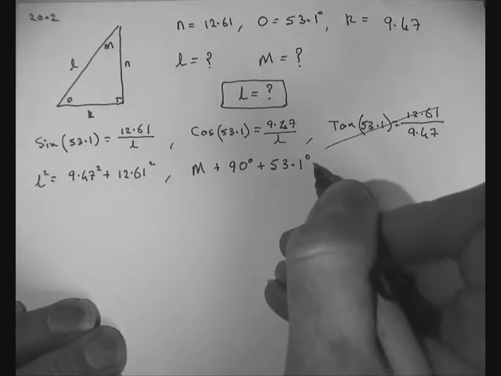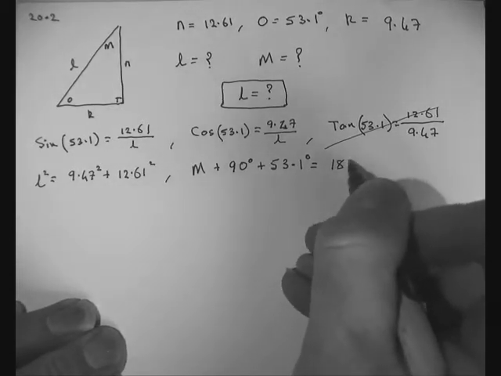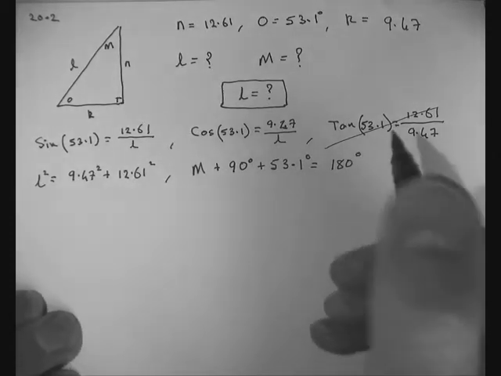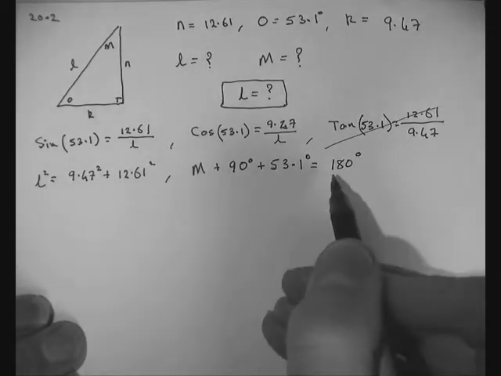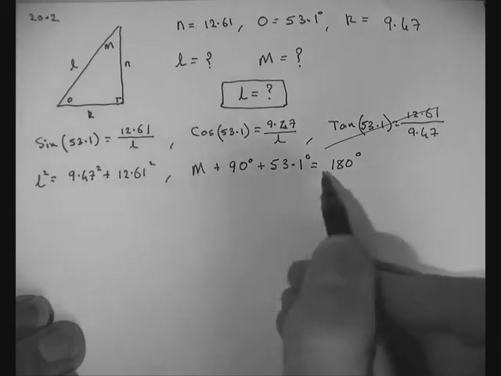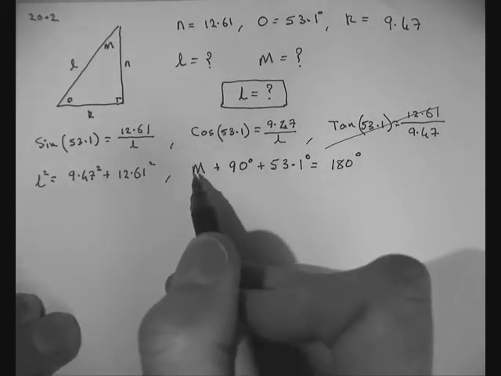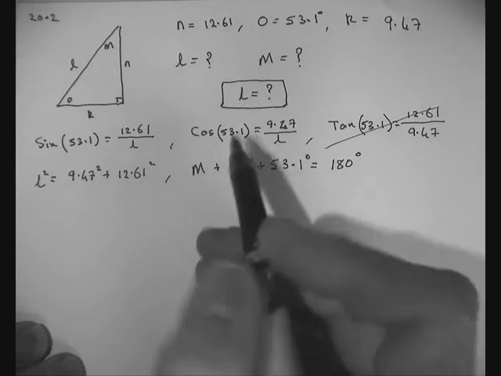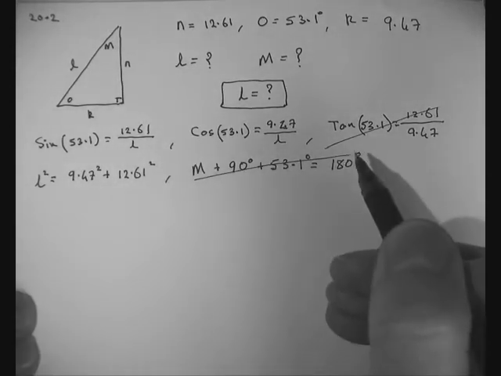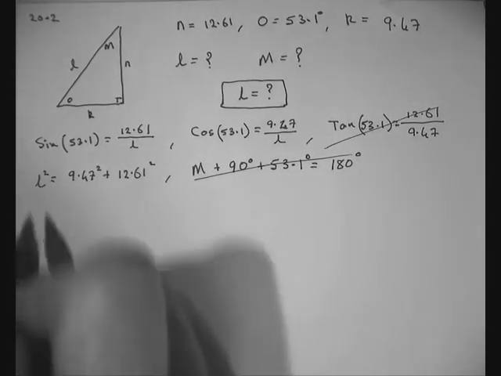And we know this must equal 180 degrees because it's a triangle. This is of no use to us, even though it's an equation in one unknown. It's an equation in M, and we're trying to find what L is. So we cross this out as being no use to us at this stage.